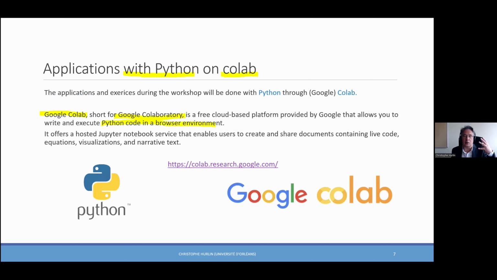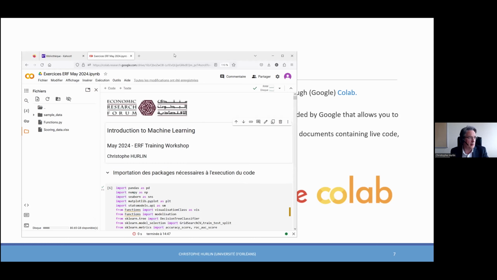So you have the possibility to host what we call a Jupyter Notebook service, and we will use this service. The link is here, and to use this service, you just need to have a Google account. So I think that we will start to go to Google Colab, just to show you how to go to Google Colab here.